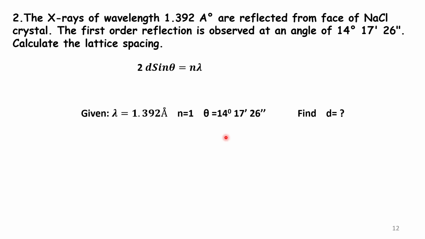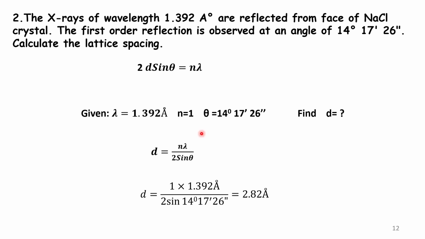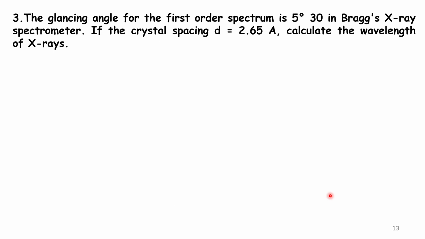Again we have to calculate the lattice spacing, that is the interplanar distance d, using the same formula, the Bragg's diffraction condition, 2d sin theta is equal to n lambda. First write down the given things. Lambda is 1.392 angstrom unit, the order of the reflection is 1, and the glancing angle is given. By substituting these values in this equation, we get the interplanar distance d is equal to 2.82 angstrom unit.